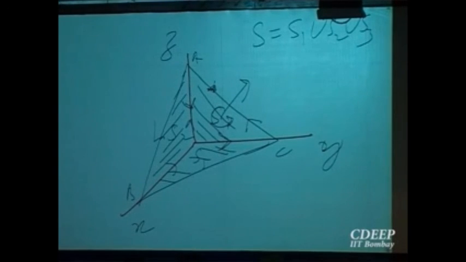Similarly on the third one, it should be going like this, and from this part it should be coming like this. So they will all cancel out. Having fixed the appropriate normals on S1, S2 and S3, you get this orientation on this part.